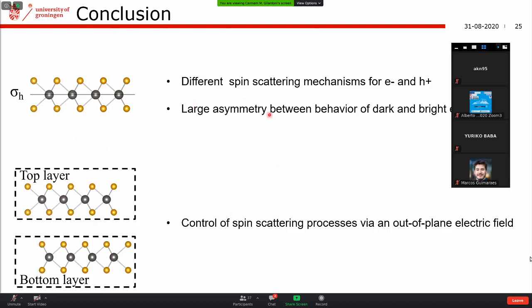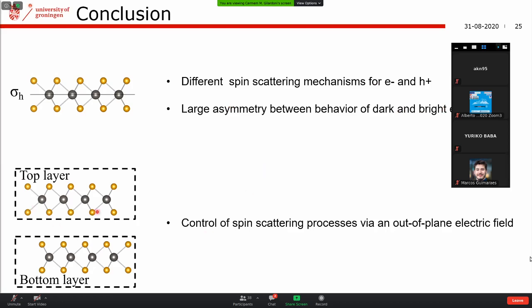So I hope I showed you that for monolayers, we can go through a very simple group theoretical approach to obtain the symmetries of the eigenstates, and those symmetries are very different for valence and conduction band states. So that will give different spin scattering mechanisms for electrons and holes. And this actually does lead to a large asymmetry between the behavior of dark and bright excitons, and that has been experimentally observed.